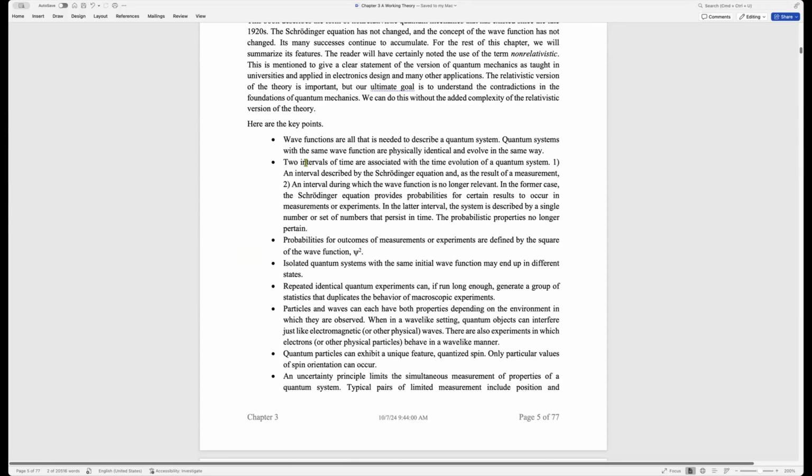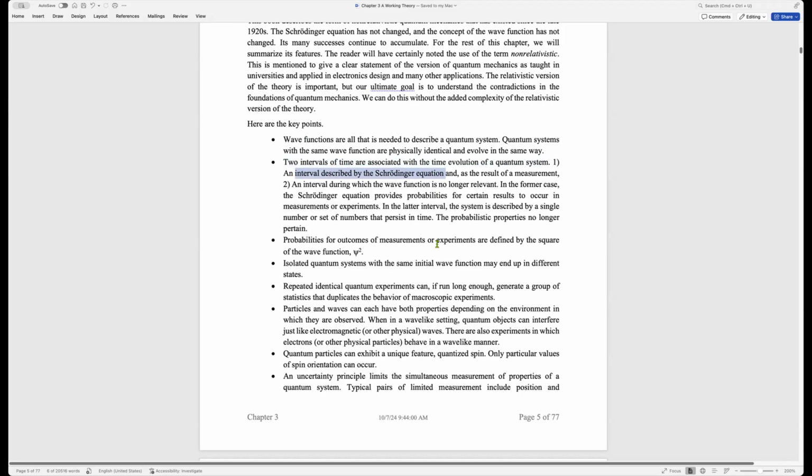All right. So we talked about wave functions. Now, there's still an issue with quantum mechanics. How do we interpret what it tells us? Because there are two intervals that apply in the quantum world. One is the interval described by the Schrodinger equation, and it tells us how the wave function changes with time and space.